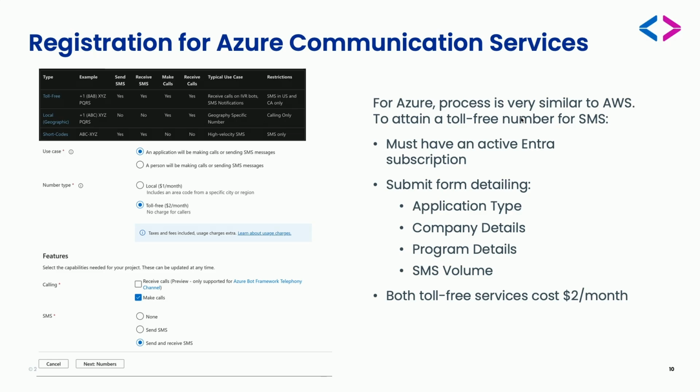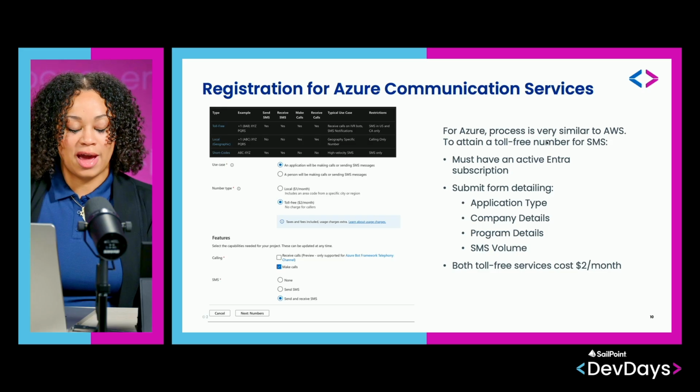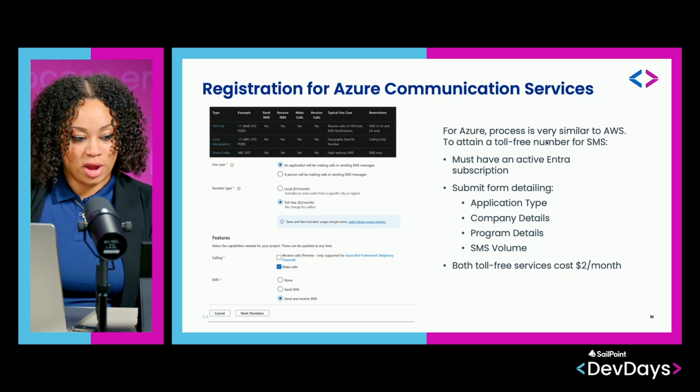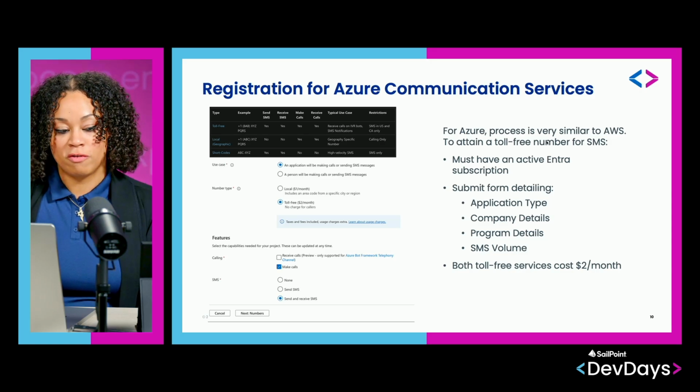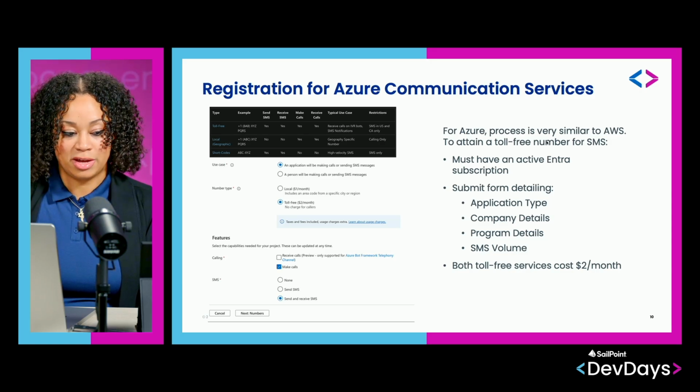The Azure process is essentially the same. They also both cost $2 a month if you're going to go the toll-free route. One thing that I do want to point out about this particular demo is that we chose to only have a one-way phone number, essentially meaning that our phone number can only send messaging.